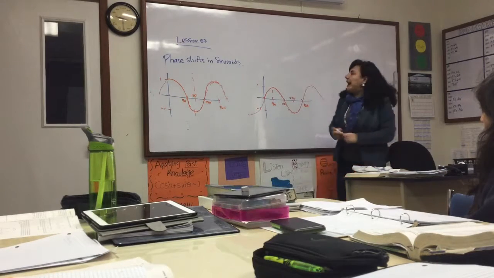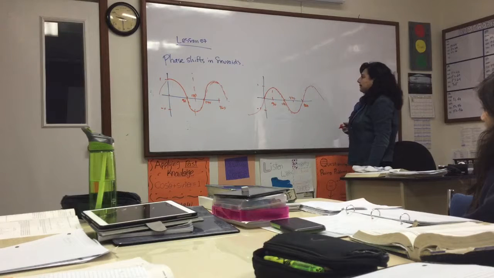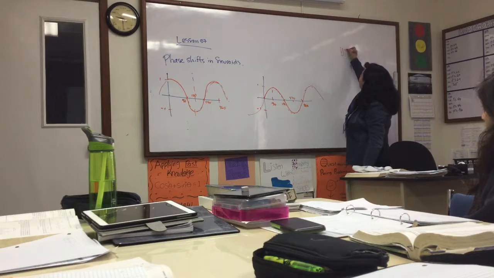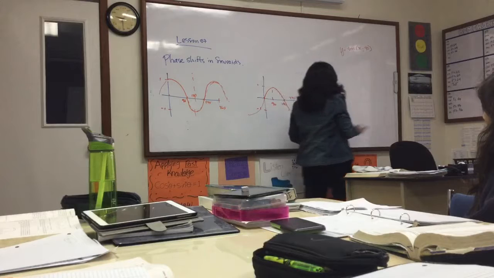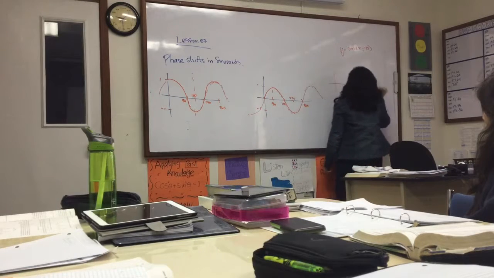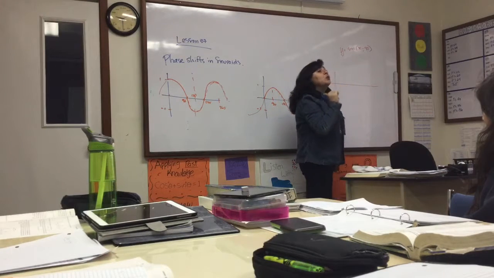Let's say that I do y equals sine of x minus 90. What does that mean? The point of intersection is minus 90. Point of intersection with what?